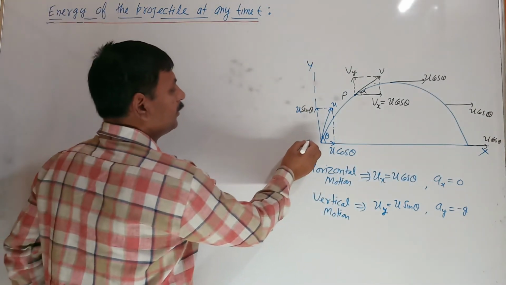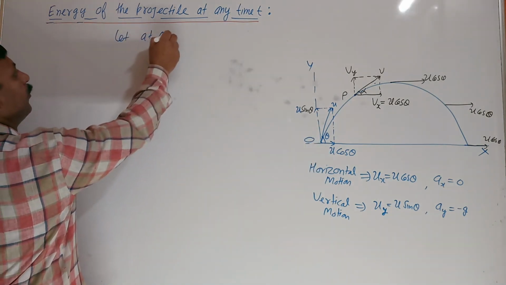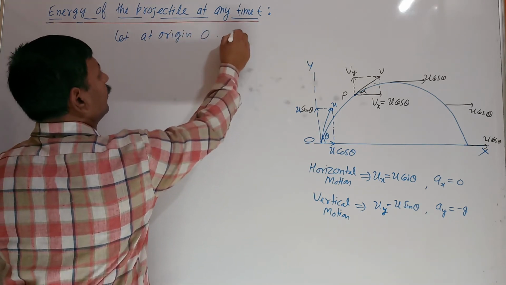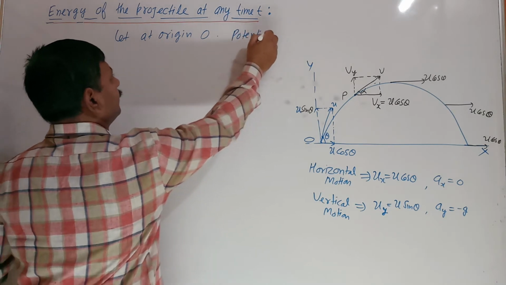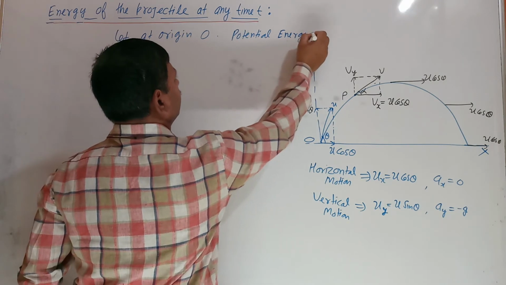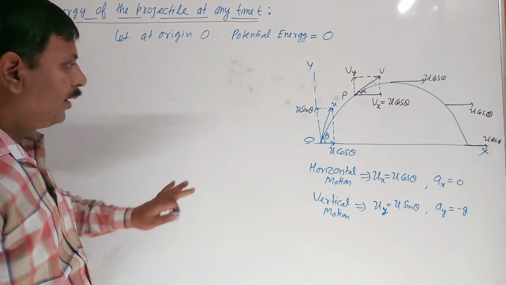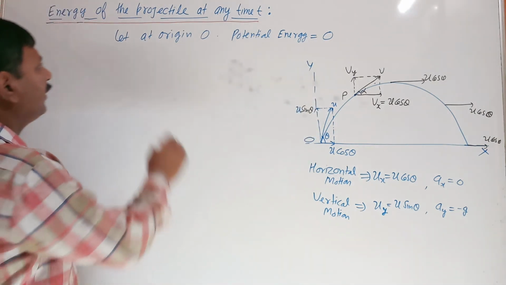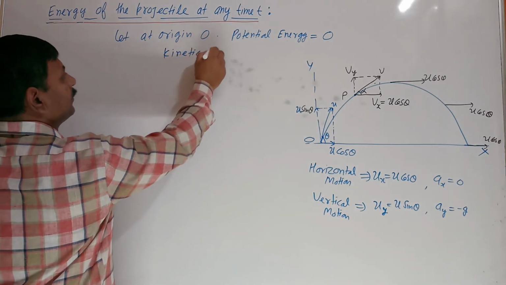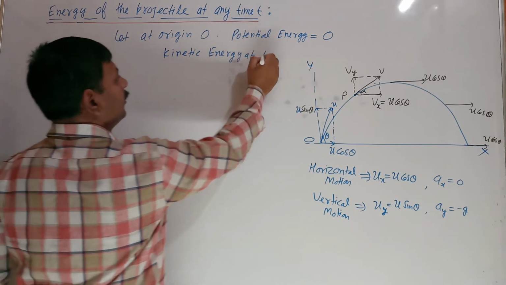Suppose at origin O, potential energy is equal to 0. What will be the kinetic energy at point O?